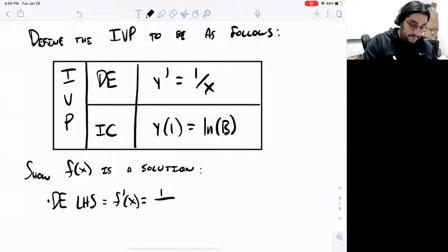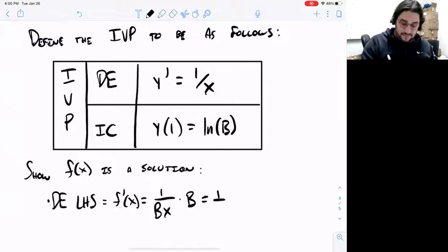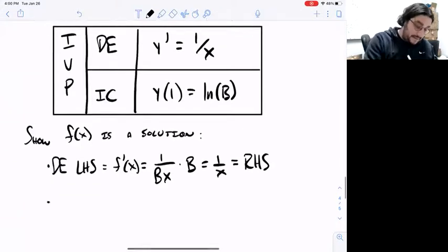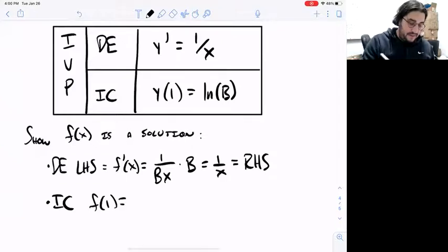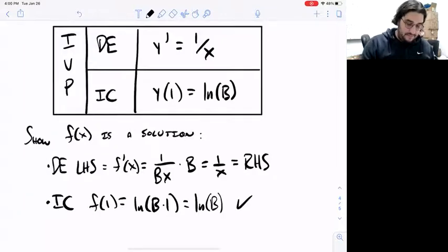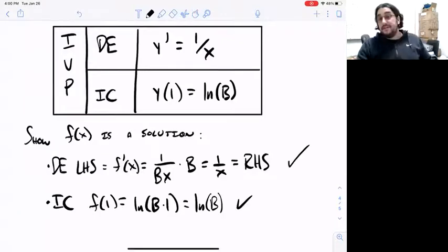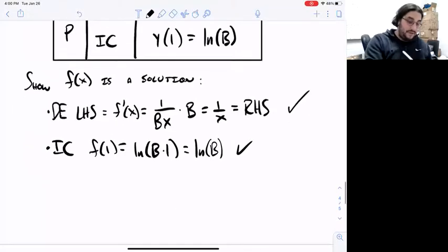And what's the derivative of f? It's 1 over bx times b by the chain rule, which is just 1 over x. Great, that's the right-hand side. Then I'm going to do the initial condition for f, right? So I'm going to do f of 1. And what is f of 1? It's log of b times 1, which is log of b. Well, and that's good. That's our initial condition. That's what that should be. So I showed f is a solution.